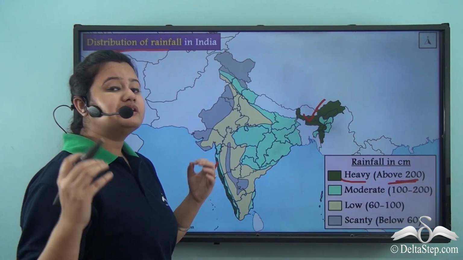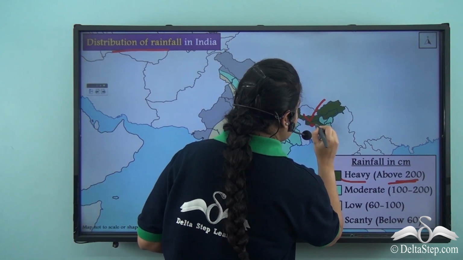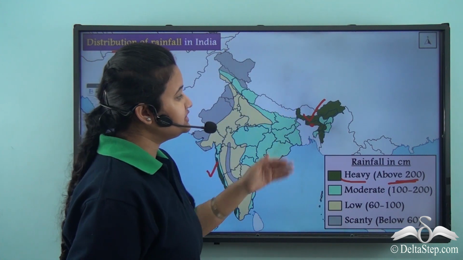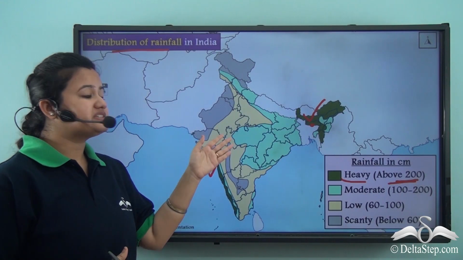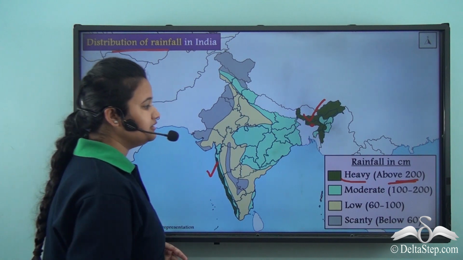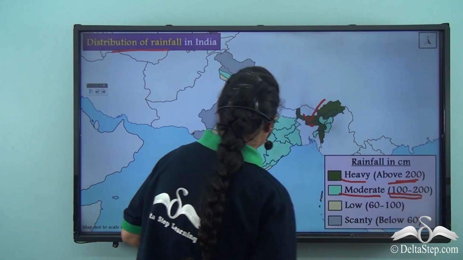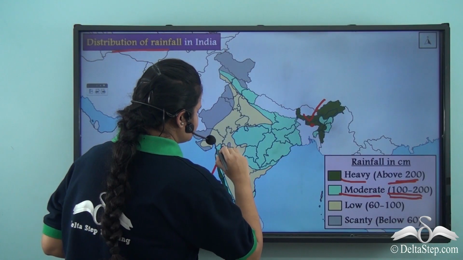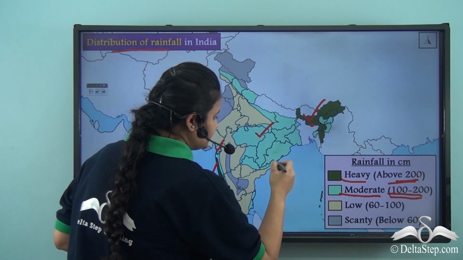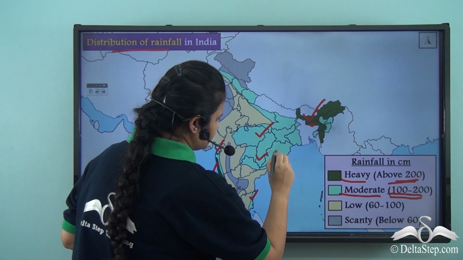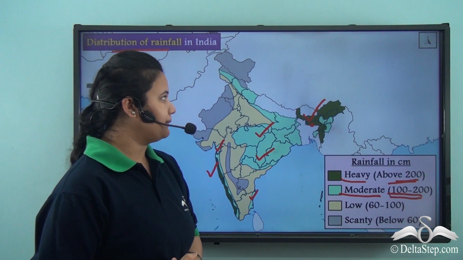In fact, the world's rainiest place, that is Mawsynram, is situated here in Meghalaya, which is a part of a region of heavy rainfall. Now, the areas adjacent to these regions of heavy rainfall receive moderate amount of rainfall, about 100 to 200 centimeter. Well, some portions of western coastal plain, a huge portion of northern plain, including the eastern coast of India, fall under the category of moderate rainfall.